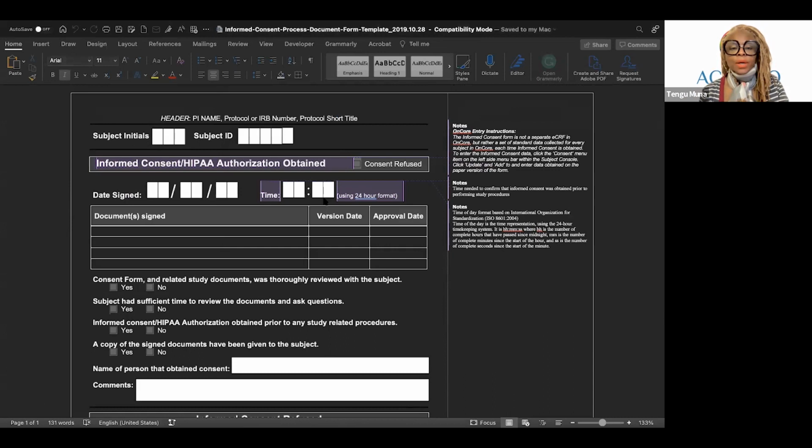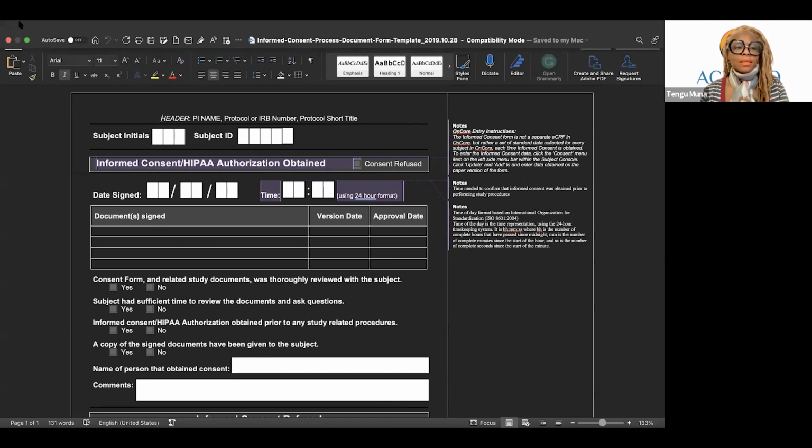Okay, so inclusion and exclusion document, for some reason, let's do, where is the inclusion and exclusion document? So let me close out the informed consent, and let's close out all of that. And I'm going to start a new share because I have too many things open. Go back to Finder.